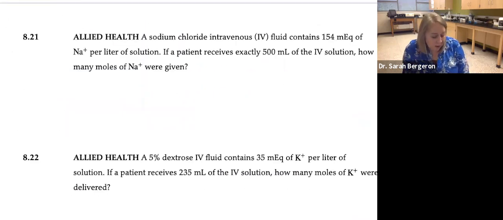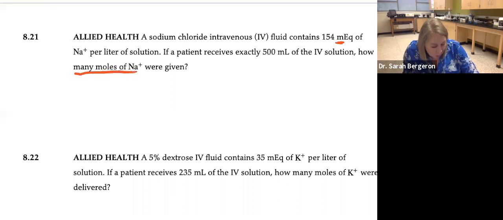Okay. Let's try a slightly more challenging one, right? A sodium chloride intravenous IV fluid contains 154 milliequivalents of sodium per liter of solution. If a patient receives exactly 500 milliliters of the IV solution, how many moles of Na were given?